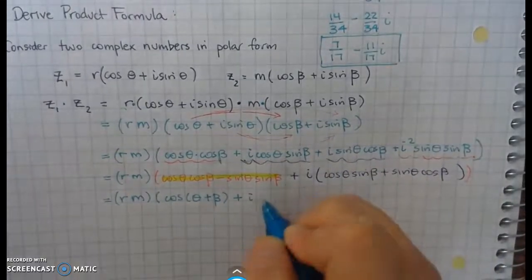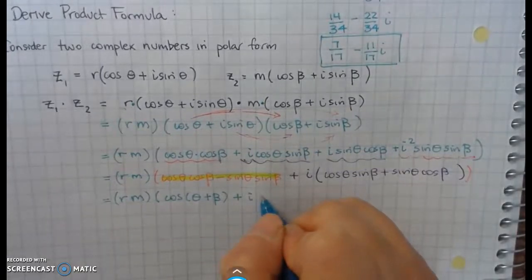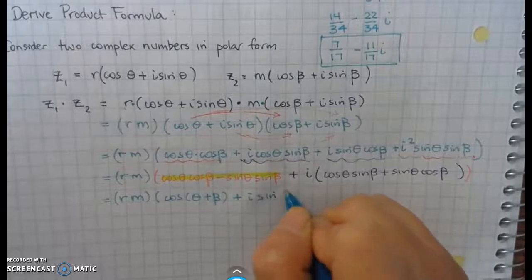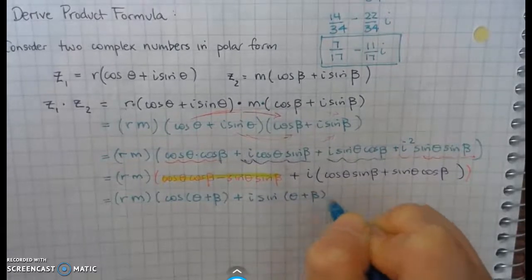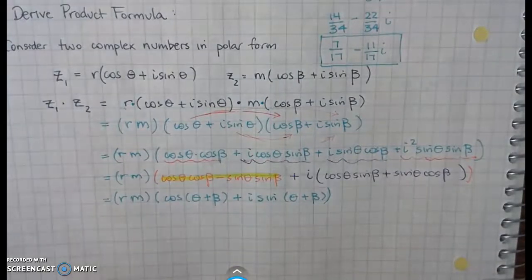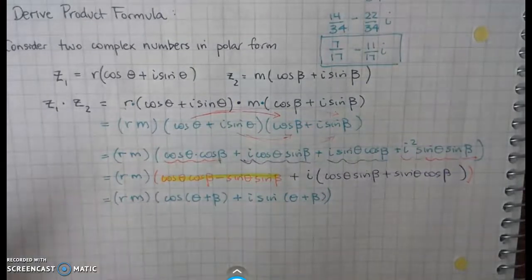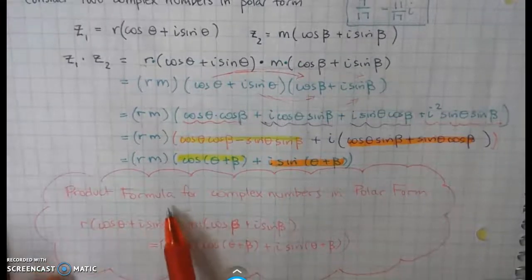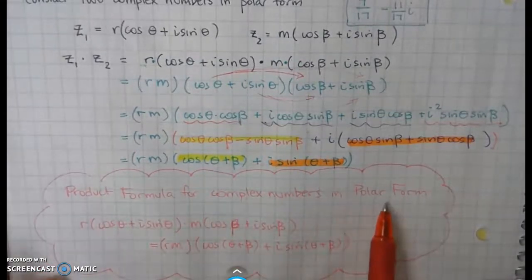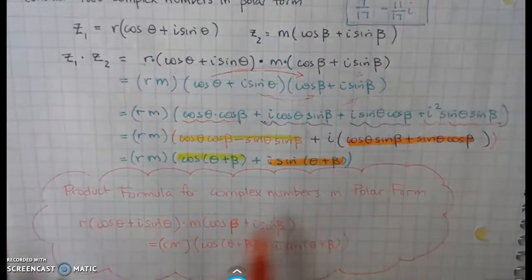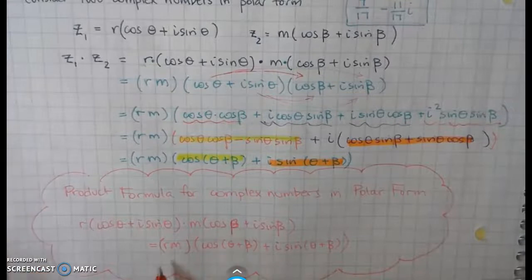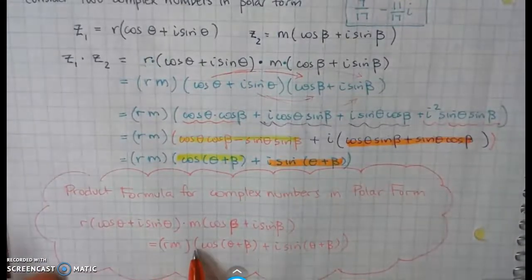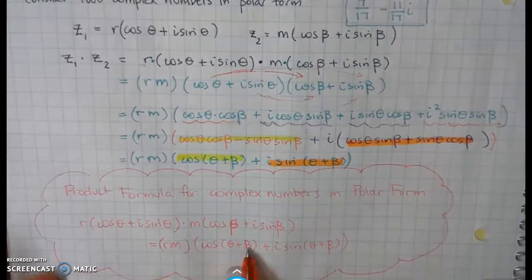That's my sine addition identity. So sine of theta plus beta. And that is summarized right here. So the product formula for complex numbers in polar form. If you have complex numbers in polar form and you're multiplying two complex numbers, then you can summarize it as r times m multiplied by cosine of theta plus beta plus i times sine of theta plus beta.